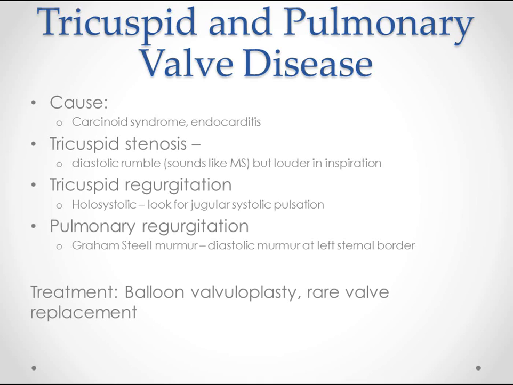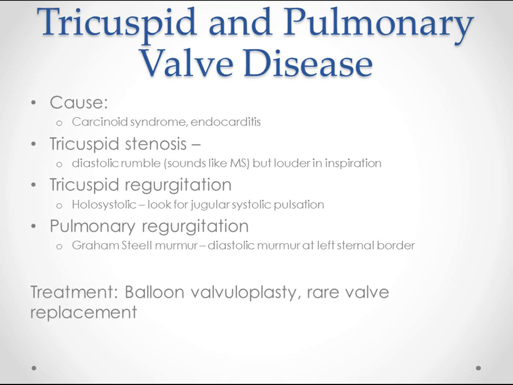Generally, it's going to be Staph aureus, Staph epidermidis, causing the endocarditis in the tricuspid valve. But carcinoid syndrome also causes a fibrosis of both of these valves.